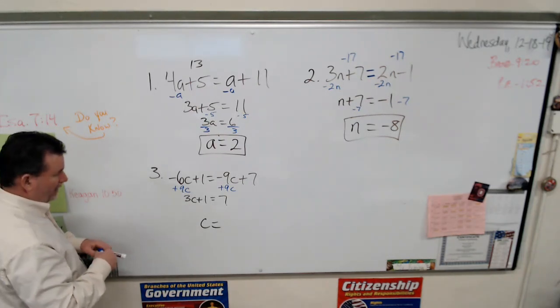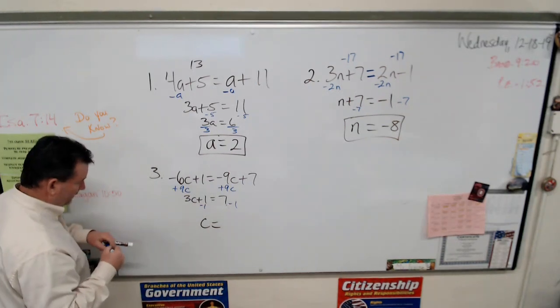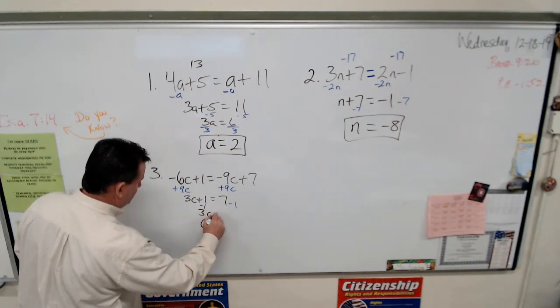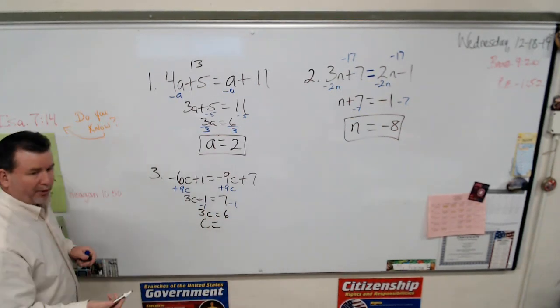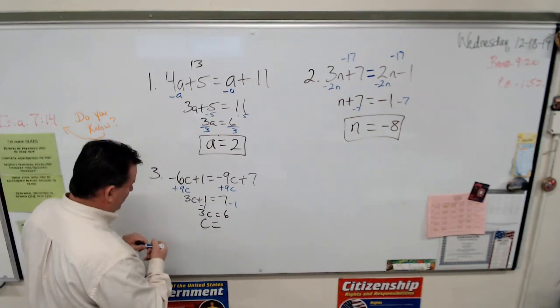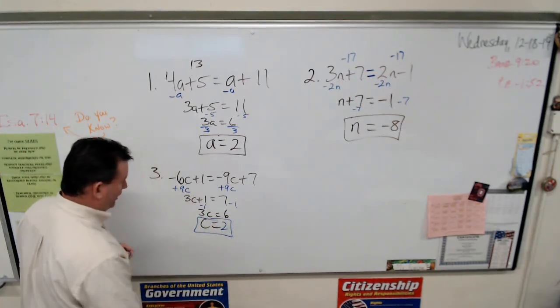Minus 1. I subtract 1. So I've got 3C equals 6. How do I get rid of the 3? Divide by 3. What's 6 divided by 3? 2. C equals 2.